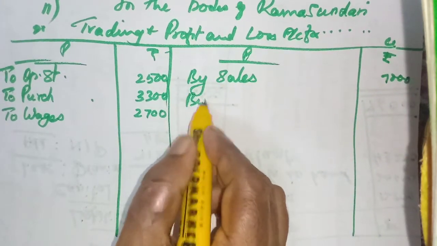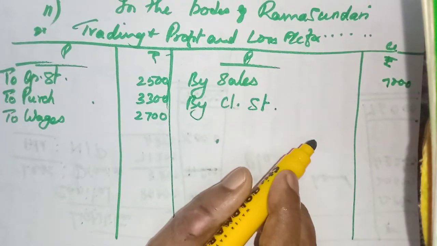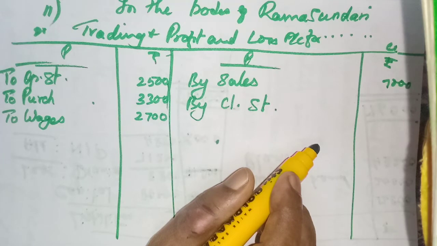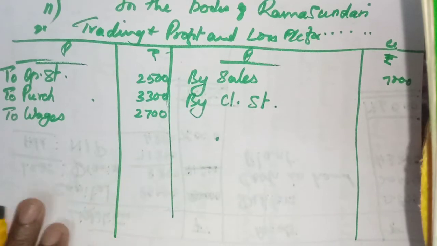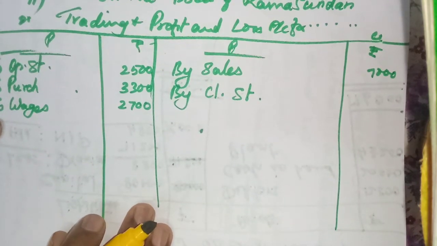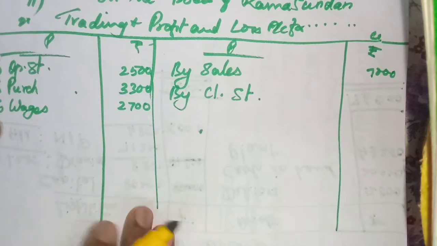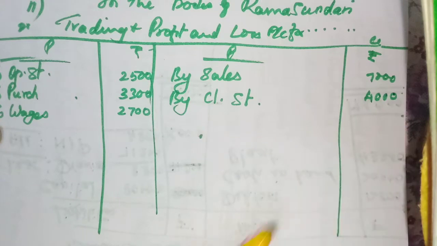Okay, then by closing stock. Fully you write. Okay, closing stock. Closing stock is given? Not given, isn't it? So leave it there. 7,000. Closing stock is given, isn't it? 4,000. Usually they will not give it inside the trial balance.